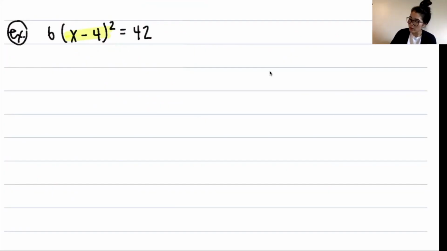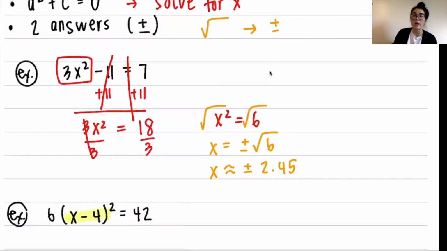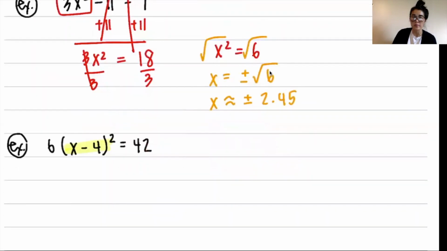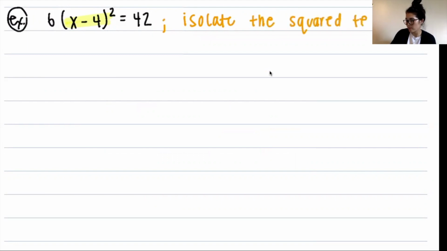So your goal on a problem like this, just like we did here, is going to be to isolate the x squared, or isolate the squared term. So again, the goal is to isolate the squared term. All right, and so what I want you to do is think of it like this.